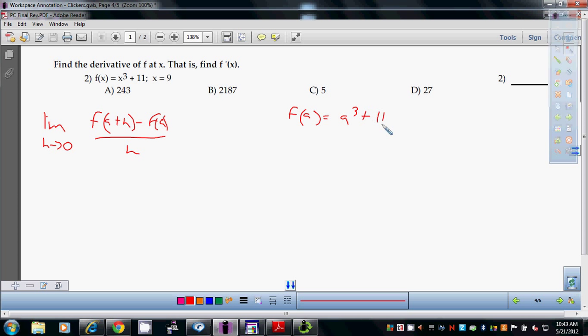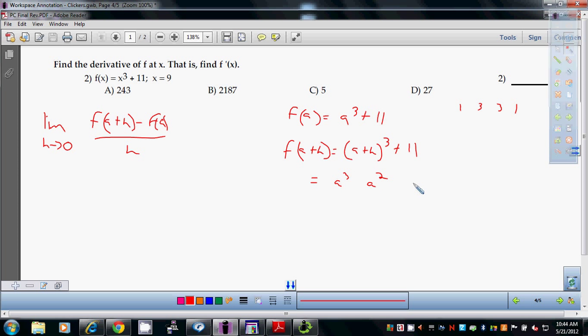How do I find f of a plus h? That's right, and you had to cube it, which would have proved useful if you had remembered that thing we did the other day. Remember that's the 3rd level down on Pascal's triangle, which is 1, 3, 3, 1. So that would have been a cube.